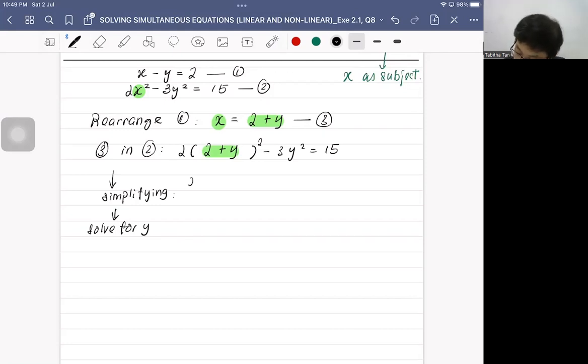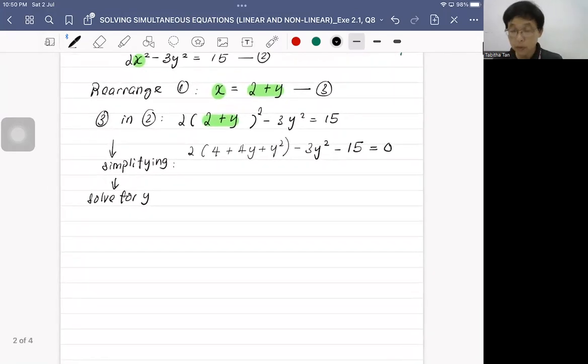So 2, then we're going to expand the binomial. I get 4 plus 4y plus y squared, and then minus 3y squared. You can bring the 15 over, and that will form an equation equal to 0.